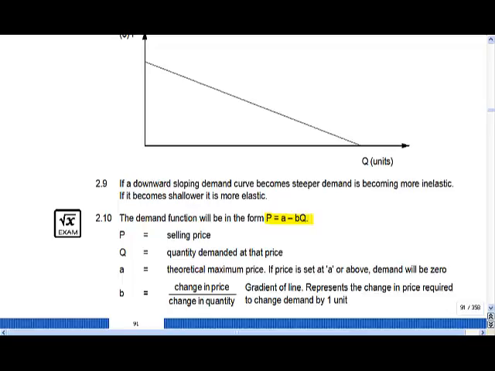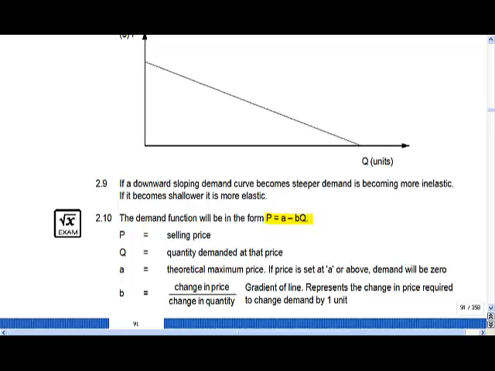So in order to use your demand function, the question will give you detail to be able to work out B, and it will give you P and Q. So the first thing you do once you've got the value for B is use this formula to find out the value for A. Having got that, you know what your demand function is, so you use those values for A and B in solving the specific requirements of the question.